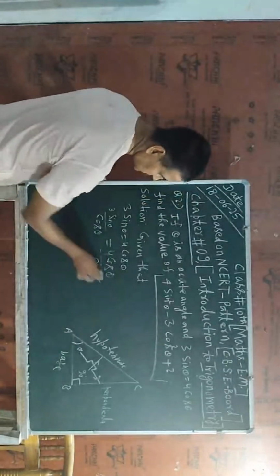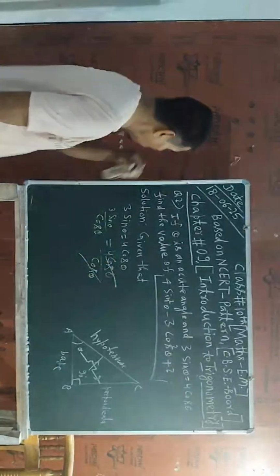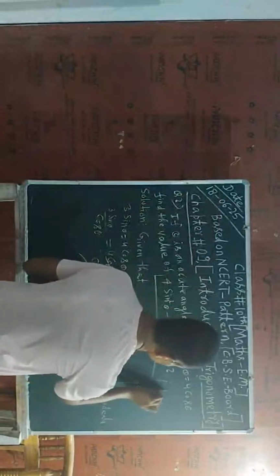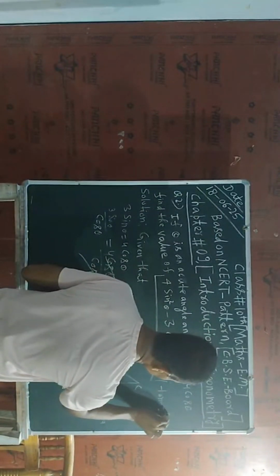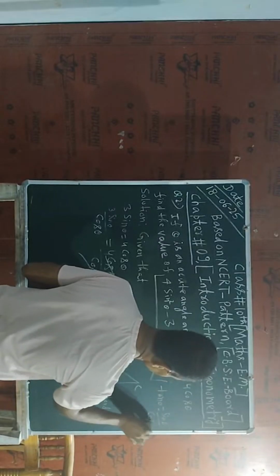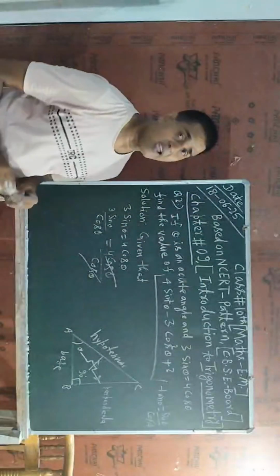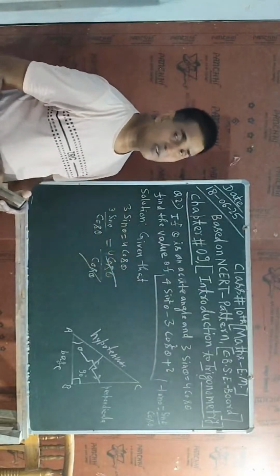So this cos theta and this cos theta will cancel out. One information I am going to write here: tan theta is equal to sin theta divided by cos theta. This is an identity, and I have already explained it when I was explaining the concept of identity.